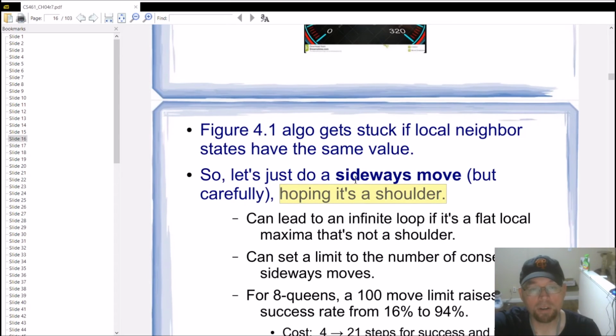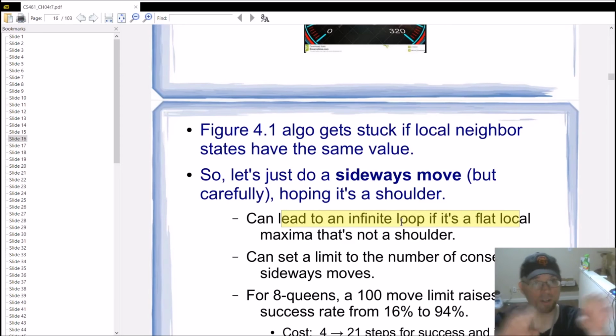Problem with that is that it could be an infinite loop. If you're on a flat local maxima and it's not a shoulder, you'll just bounce back and forth. The algorithm will just loop, moving from node to node to node.